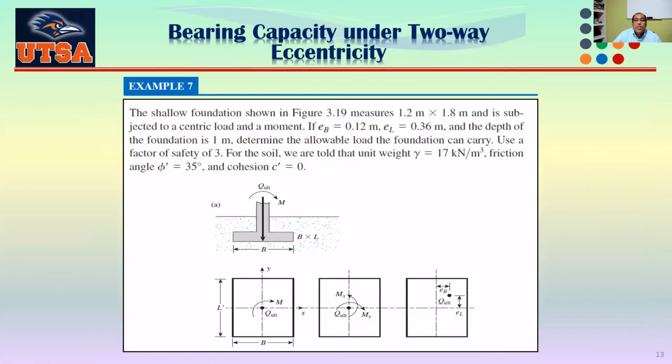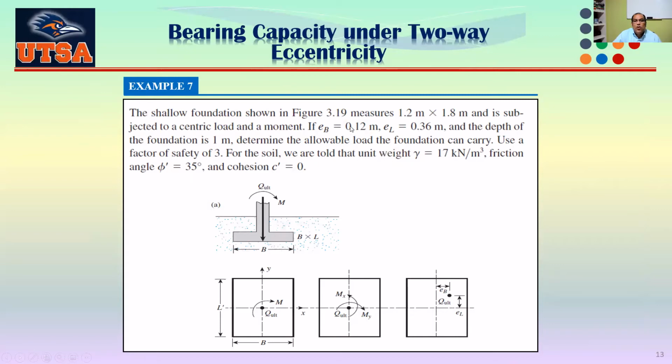This is the third problem I'm going to solve. This is a shallow foundation which measures 1.2 meter into 1.8 meter and is subjected to an eccentric load and a moment.